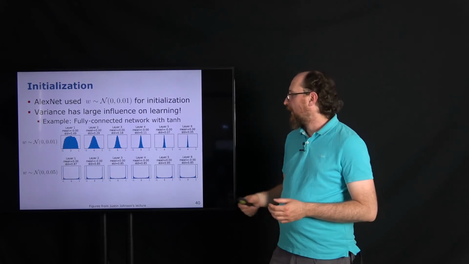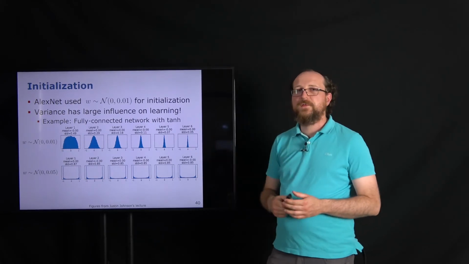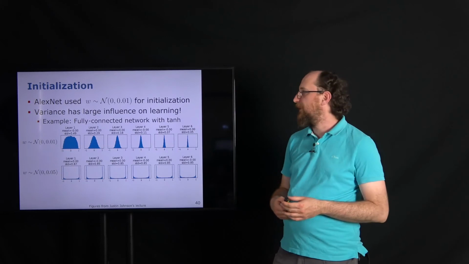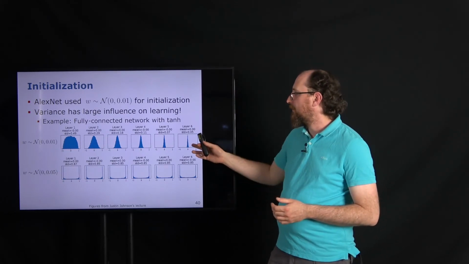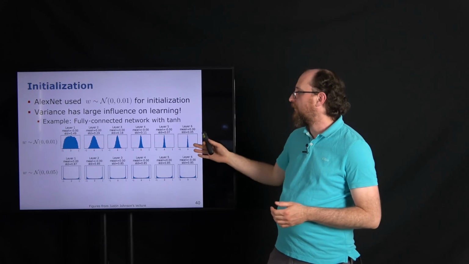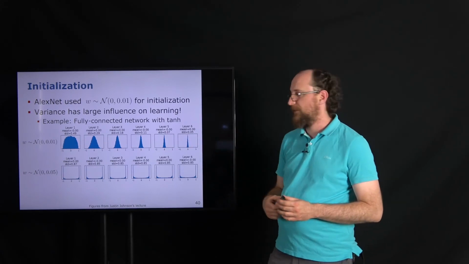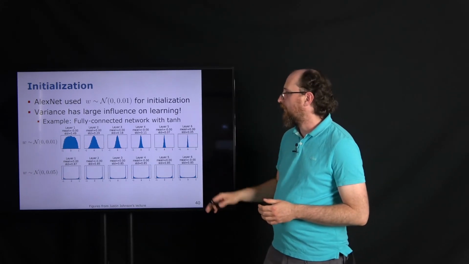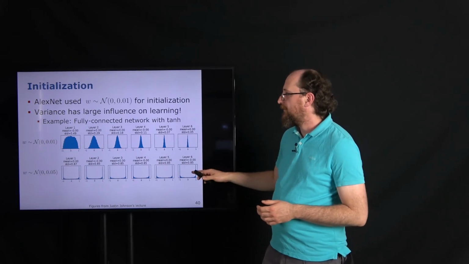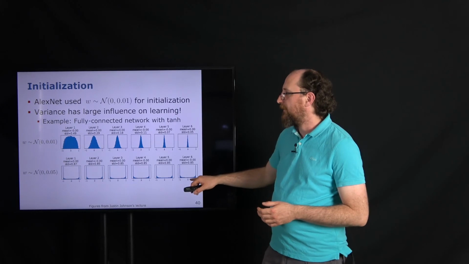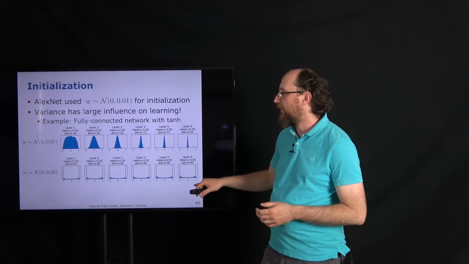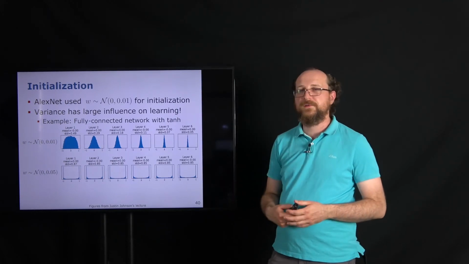Because we are using our activations also to compute our gradients in the backward pass, it will be difficult to train this network in the beginning, because we have to correct for this. And the same is happening when we make the variance too large, then the opposite effect happens.